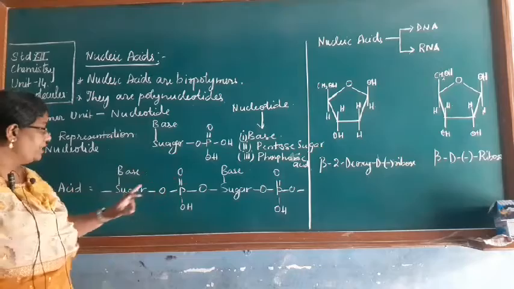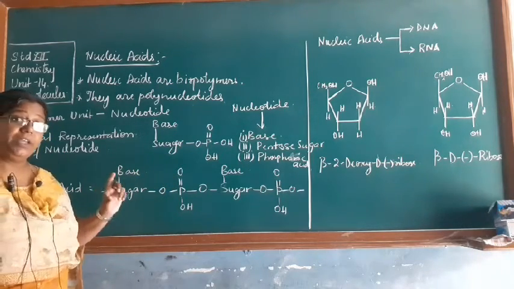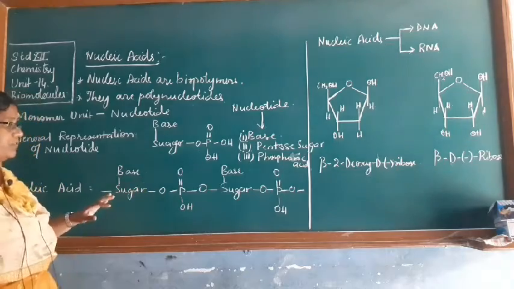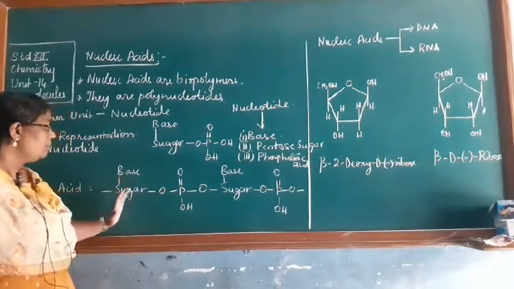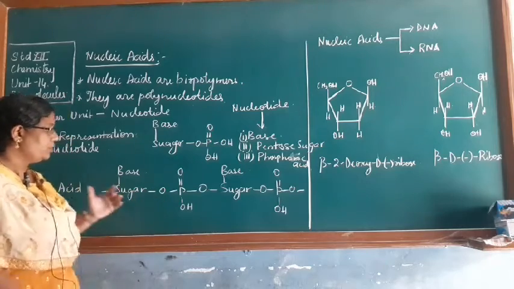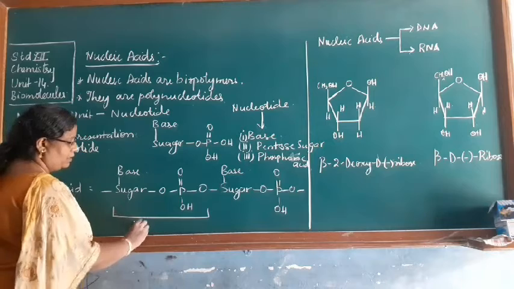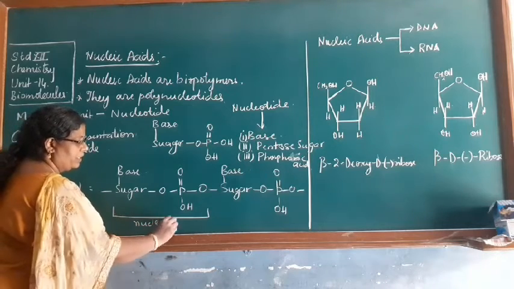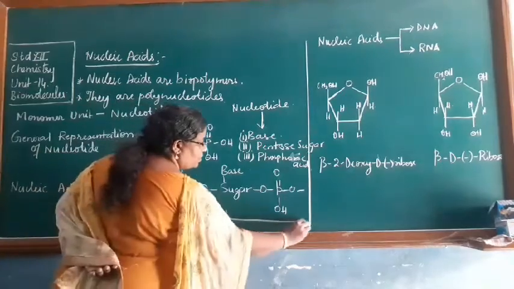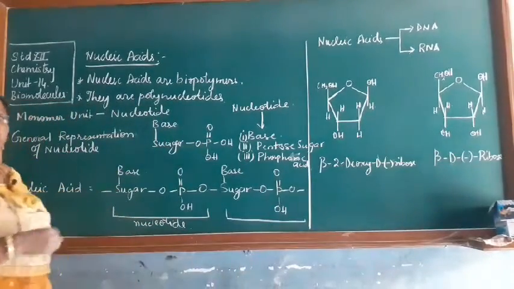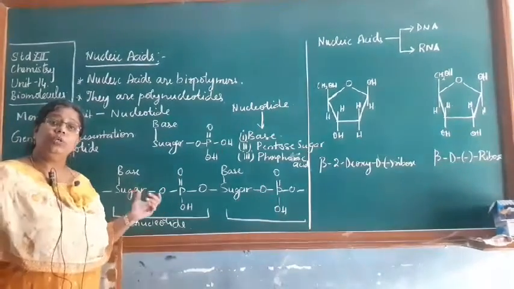A number of nucleotides joined together by a phosphodiester linkage, which we will discuss later on. You can see this is one particular nucleotide, and this is joined with another nucleotide, as you can observe here. So a number of nucleotides are joined together to give you the nucleic acid.